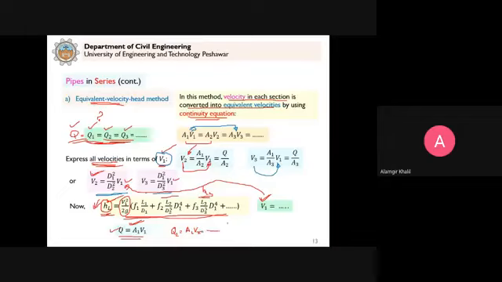Similarly, this V1 you put here and you can calculate V3. So Q3 will be equal to A3 into V3. You should get the same result, because we already know that Q1 is equal to Q2 is equal to Q3. So this is how we calculate the discharge when the head loss is given.